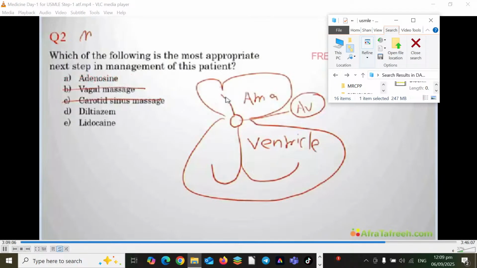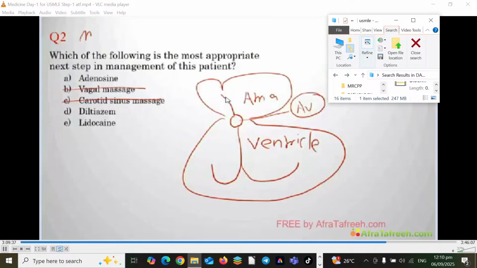The management of atrial fibrillation can be understood as either control the atria or control the ventricles. Please make a note of it. Controlling the ventricle is always an acute emergency.